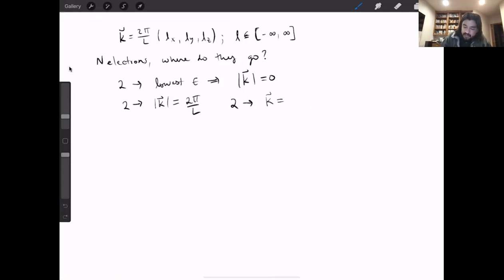K is going to be Kx, which is just 2 pi over L, or Ky, or Kz. So I have the first two go here. Then I can put two here, and another two here. And then I can keep going on that because I have 2 pi over L distance.